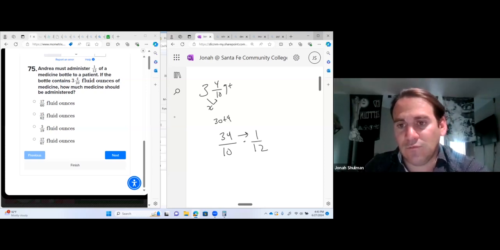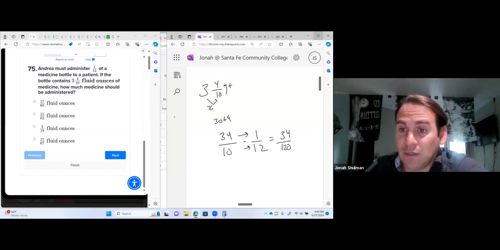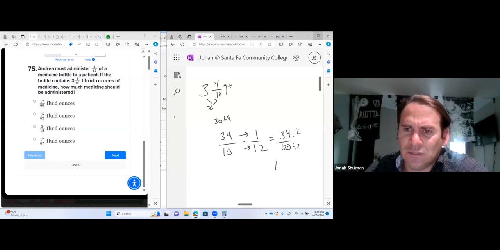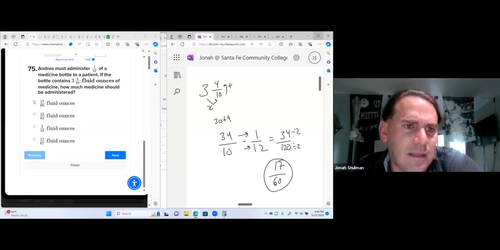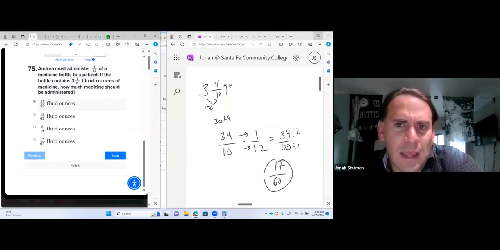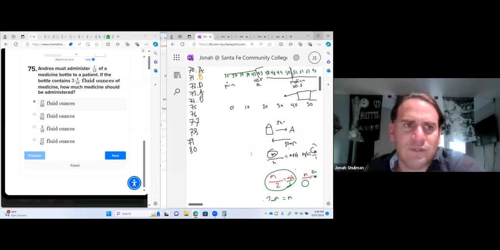So I'm left with 34 divided by 120. And then they simplified. How did they simplify? They divided by 2. 34 divided by 2 is 17, and 120 divided by 2 is 60. That's your final answer. It's A. So 75, I got A.